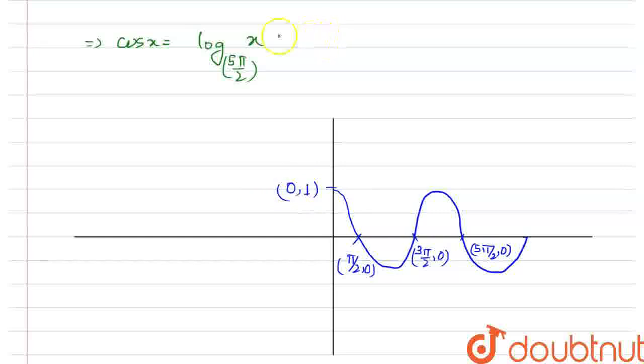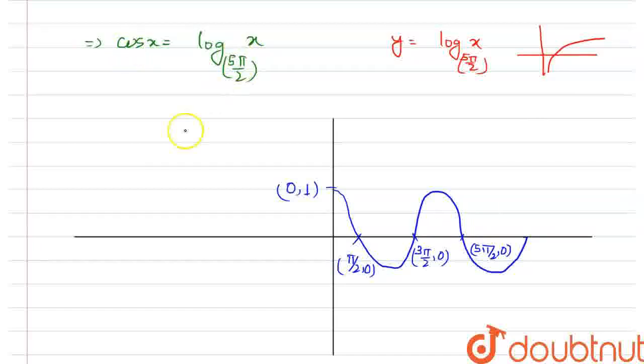But how to draw the graph of log x to the base 5π/2? So our aim is to draw the graph of y equals log x to the base 5π/2. Now note that this base is greater than 1, so the graph will look something like this. That is, it will be an increasing function, but we need to find the point of intersection between cos x and this graph.